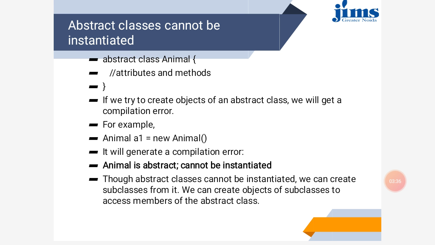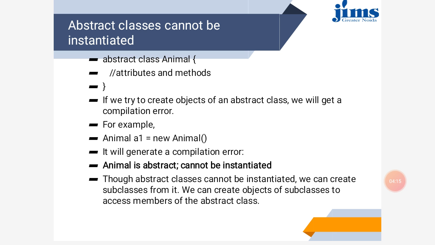In this instantiation case, what is the meaning of this? If we are able to create an object of any class, then this is known as instantiation. But in an abstract class, we cannot create an object. So object creation of an abstract class is not possible. Like in this slide, we are trying to create one object a1 of the Animal class using Animal a1 = new Animal.